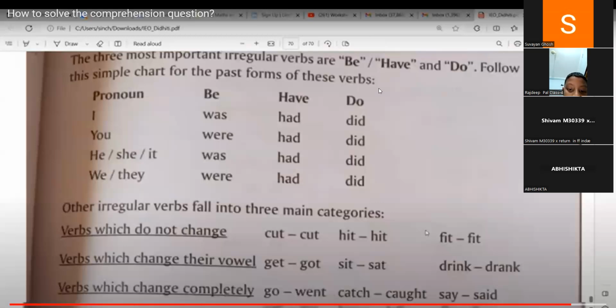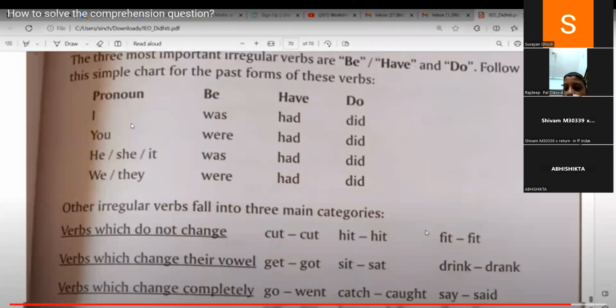Okay. Now, Rajdeep, can you give me an example with I and had? For the verb have, we use had to make it in the past tense. To convert a present tense into past tense, we use had in place of have. Is it clear to everyone, Rajdeep, Shivam and Avishikta? Yes, ma'am, can you tell again? Yes, I'm saying it again.